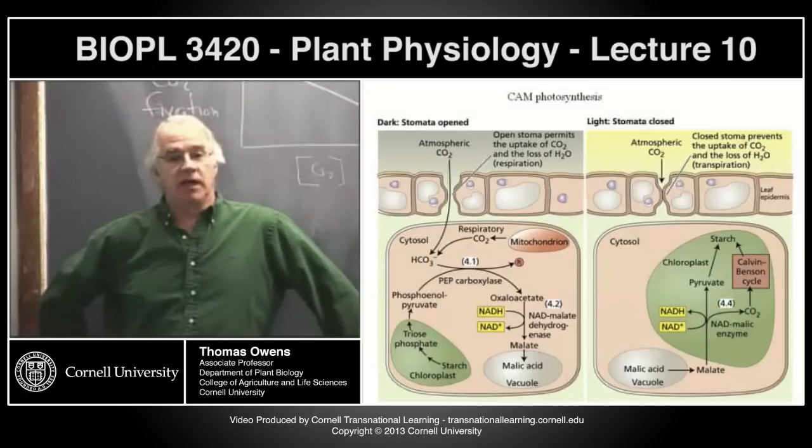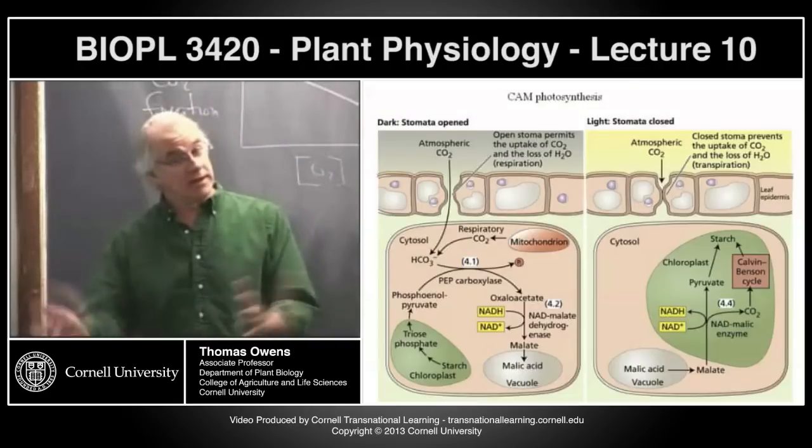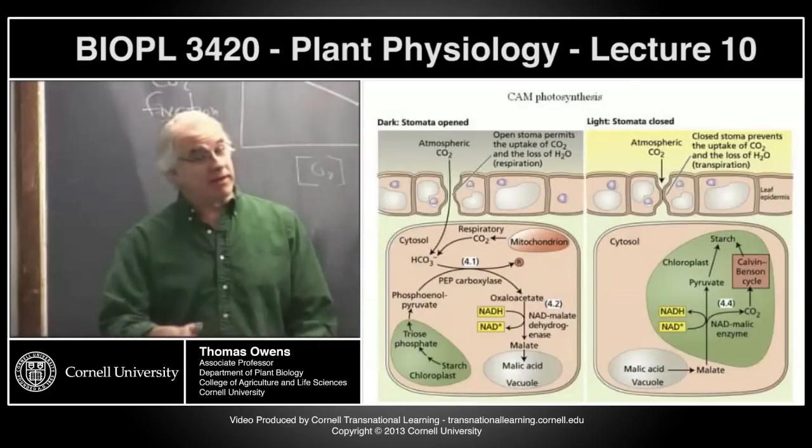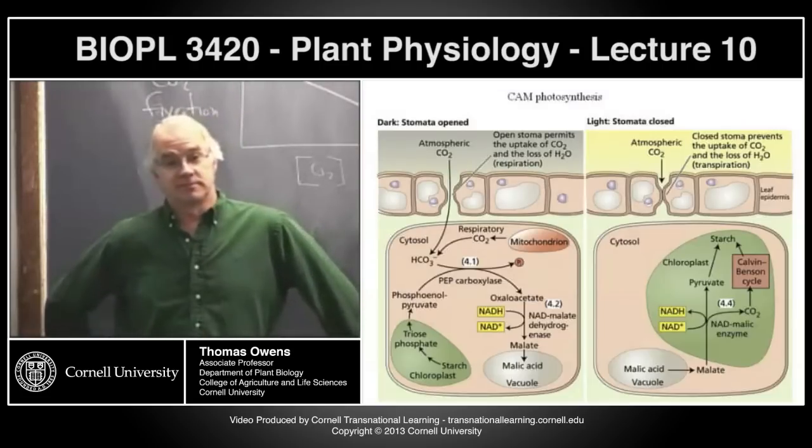CAM plants have a reversed cycle of stomatal opening and closing. In C4 and C3 plants, the stomates are open in the day and closed at night. CAM plants, they're open at night and closed in the day. And the challenge is to figure out how open at night and closed at day allows the plant to do photosynthesis.